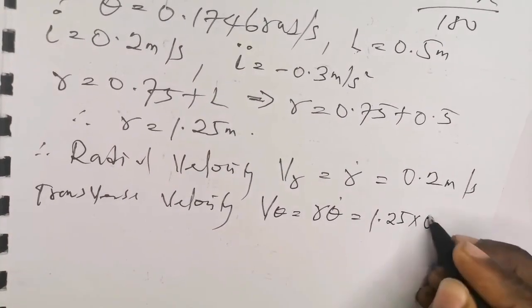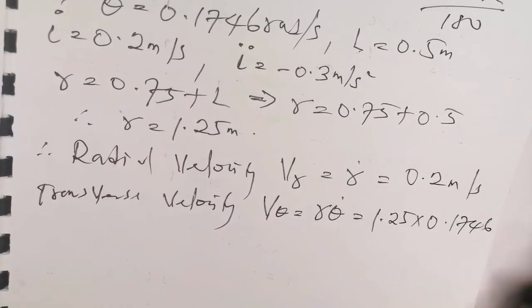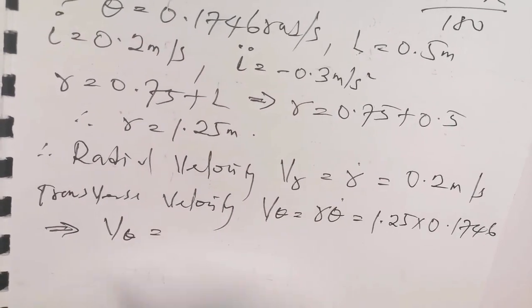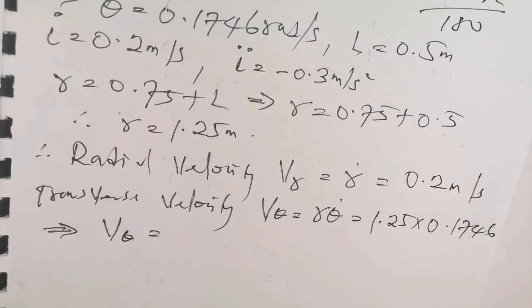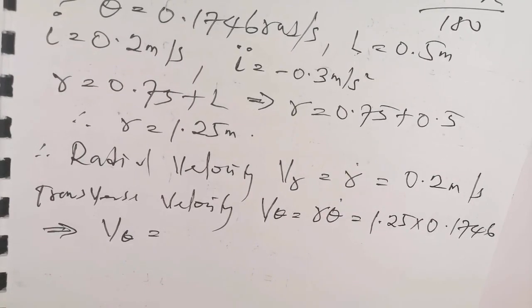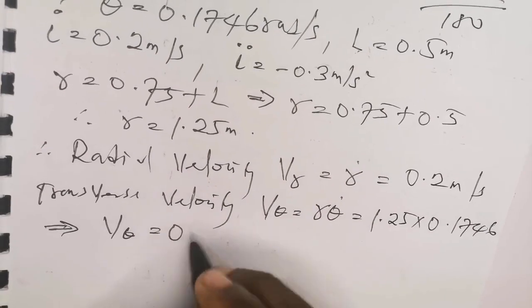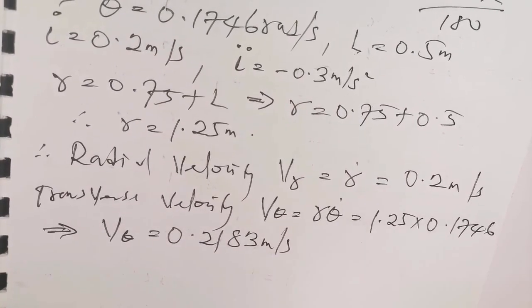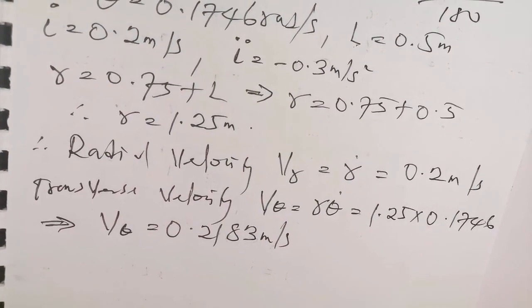So multiply by 0.1746. So this simply implies that the transverse component of velocity is equal to 1.25 times 0.1746. That gives us 0.2183 approximately, in meters per second. So this is our transverse component.